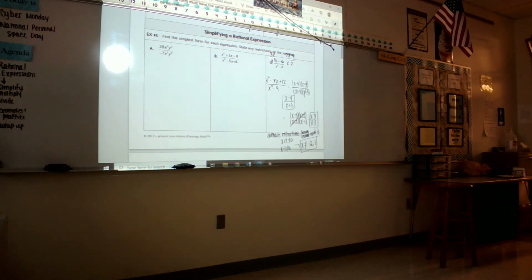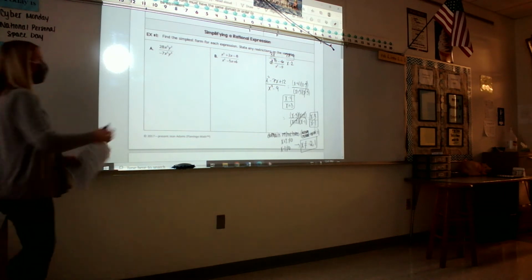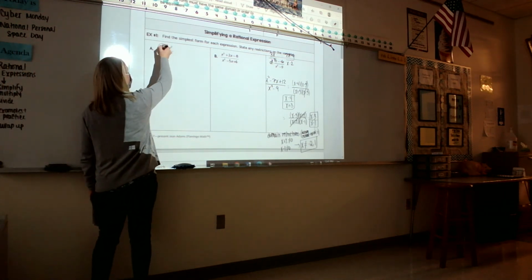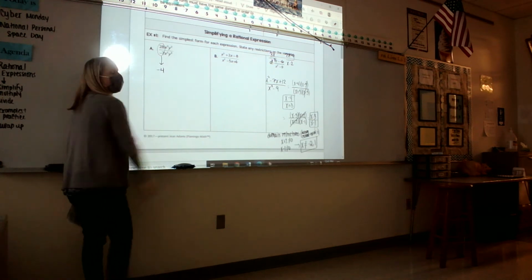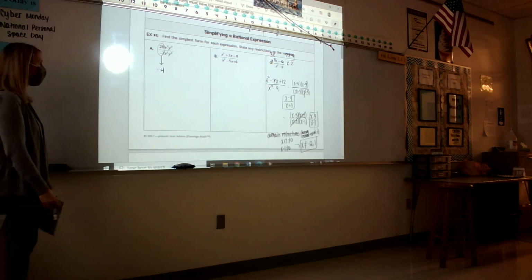But you did learn some properties of exponents, so I'll show it to you both ways, reminding you of the property, but also showing it to you if you forget the property, how you can do it. So what I would do first is I would say, hey, I can reduce 28 over -7. That would just reduce to -4, right? Okay, that part was easy, so it's just reducing a fraction.